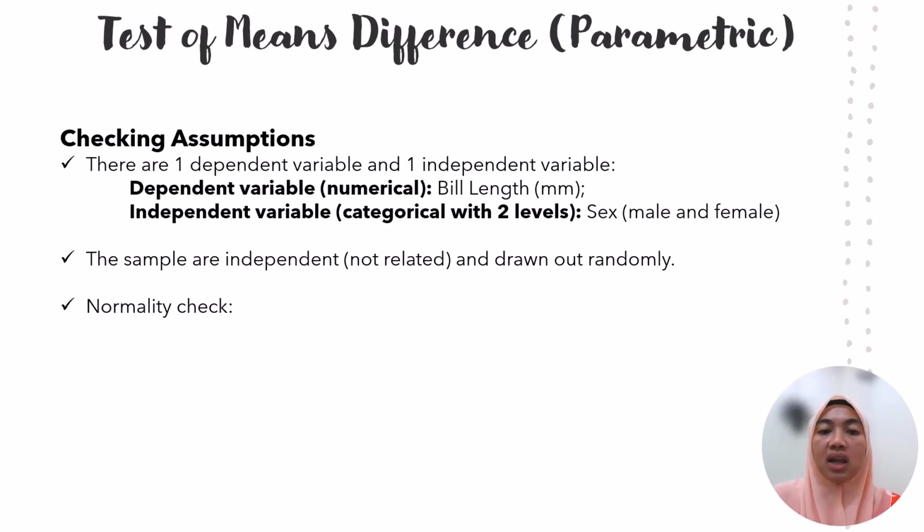The dependent variable is the bill length and the independent variable is the sex, male and female. So the samples are independent, not related, and next is normality checking.